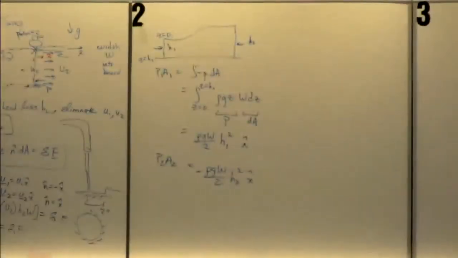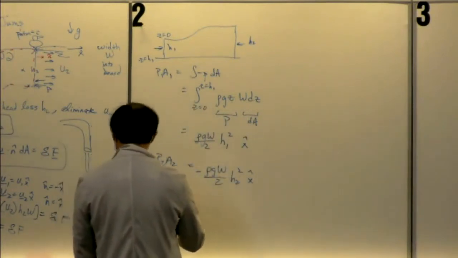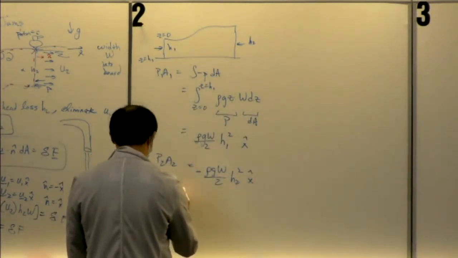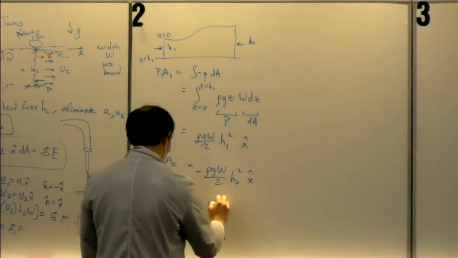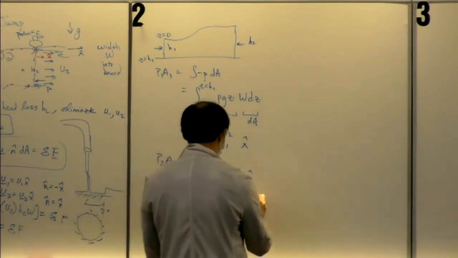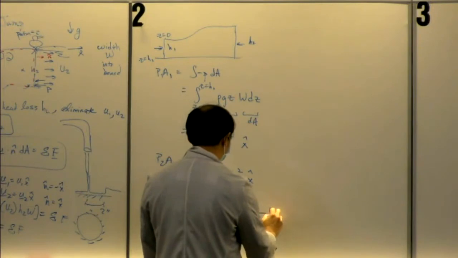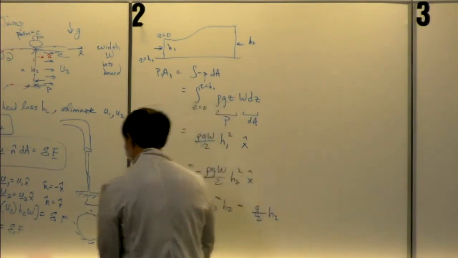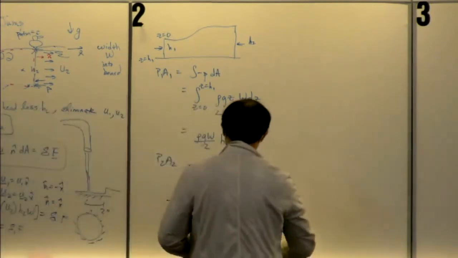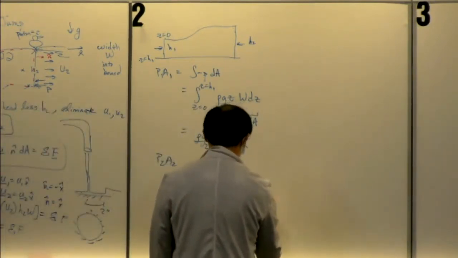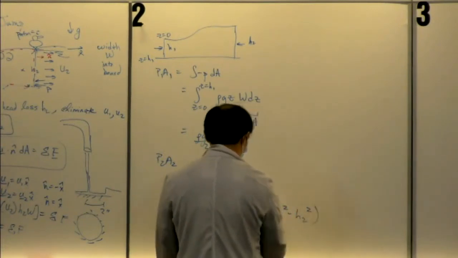All right. So we put this together. We can also get rid of the rhos now because we have rho on both sides. U1 squared H1 minus U2 squared H2 is equal to g over 2 times (H1 squared minus H2 squared).